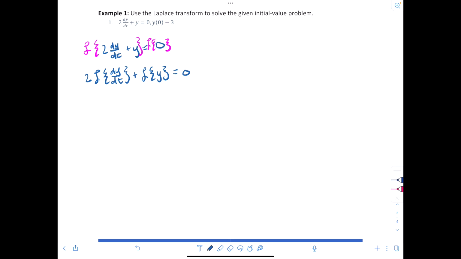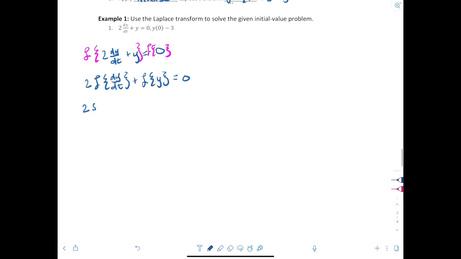And then we will have 2 times s. So now we're looking at this formula, right? We have the first derivative, so we'll have s to the 1 times L at y minus y at 0.